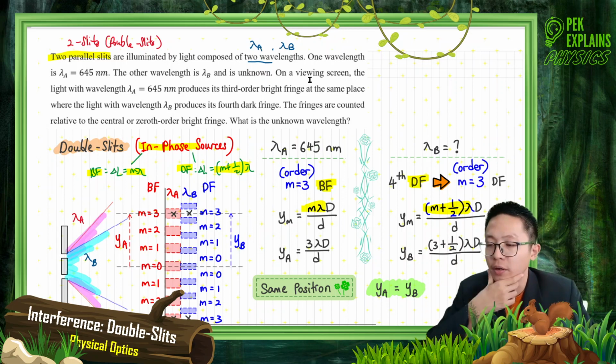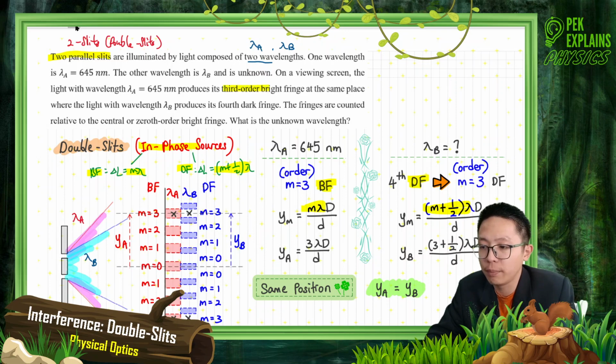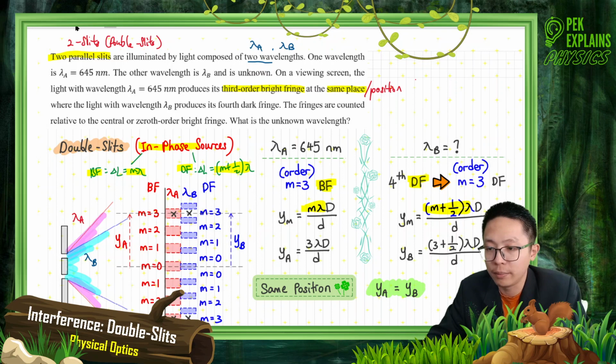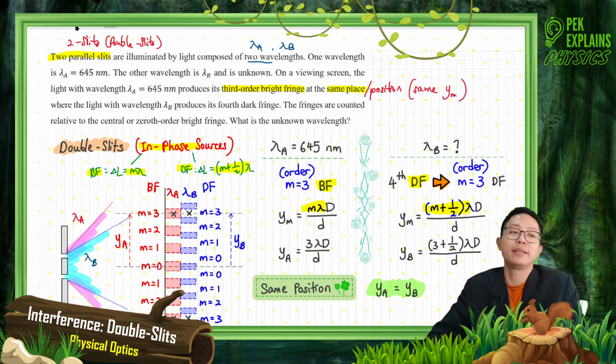On the viewing screen, the light with wavelength lambda A produces the third order bright fringe at the same place. You see, this third order bright fringe, same place, we can say same position. That means they have the same y. That's a secret: same position means same y.